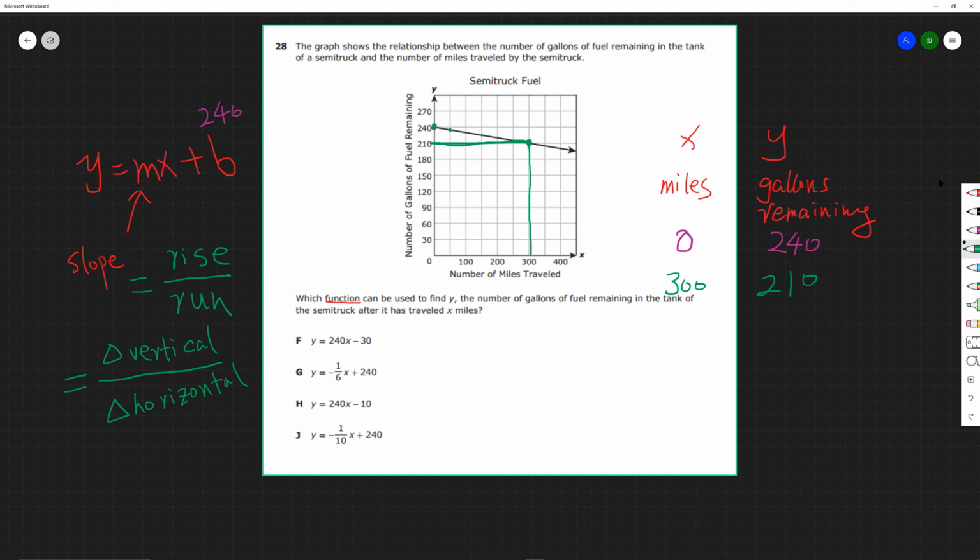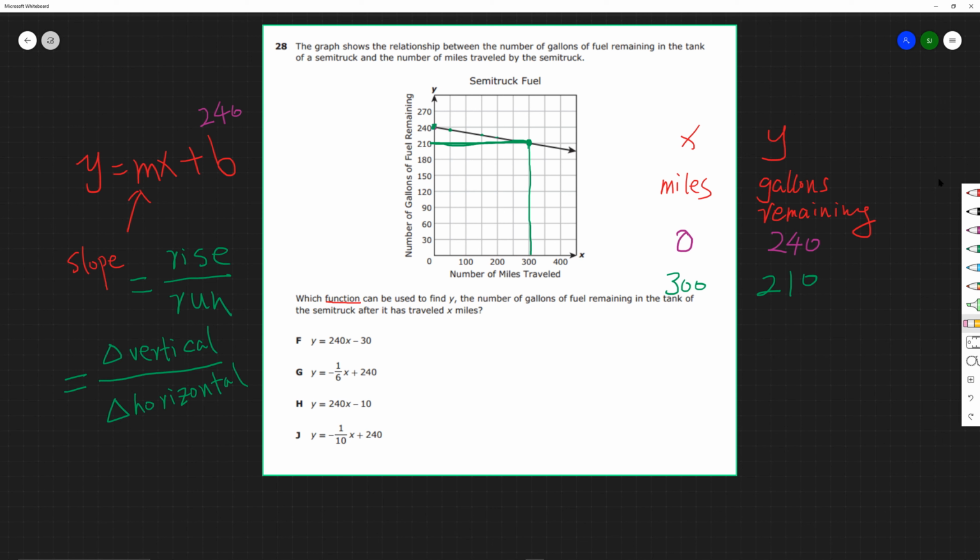So this pair of 300 x and 210 y means after the truck traveled 300 miles, there are 210 gallons of fuel remaining. So over the 300 miles, the truck consumed 30 gallons. The gallons decreased by 30 gallons. And because all those numbers are integers, it's easier for us to determine the difference between them.